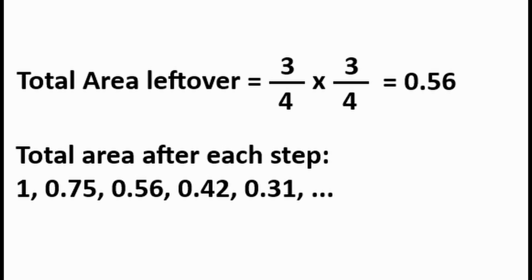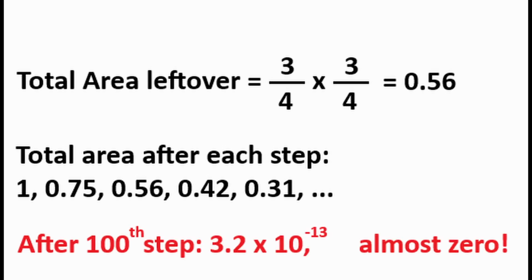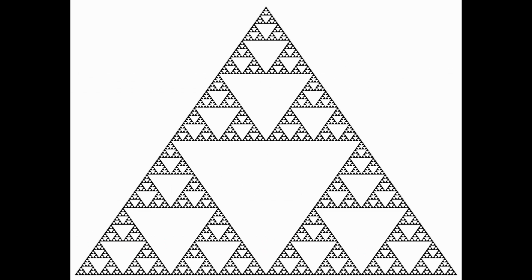Notice that at each step, the area that we had in the previous step is reduced by a factor of 0.75. Clearly, the calculated area is trending downward after each step, approaching 0. If we looked at the calculated area after the 100th step, we get 3.2 times 10 to the power of minus 13, which is very tiny and close to 0. It looks like we're removing all of the area of the triangle.